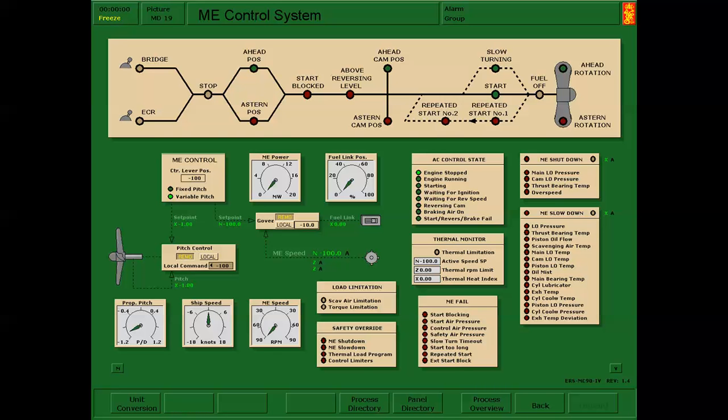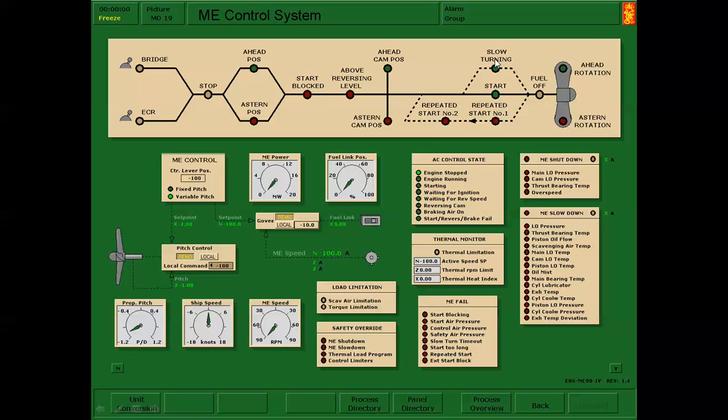Sometimes they hang up and don't shift. So what happens with the Burmeister Wain? When you go to start this engine, it's all right if you don't see the ahead or astern cam position light, in other words, if it doesn't match the direction you're going. That's okay until the engine starts to turn. But once the engine's turning over, you need to check that the light comes on in the proper direction.